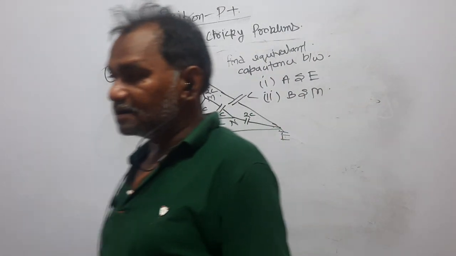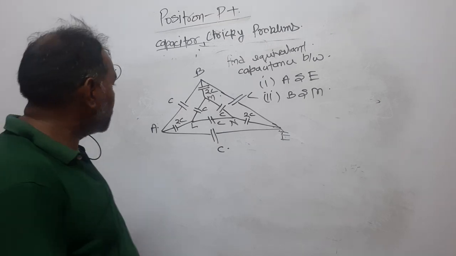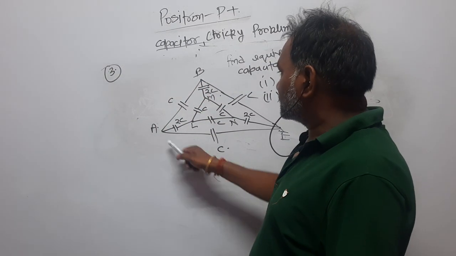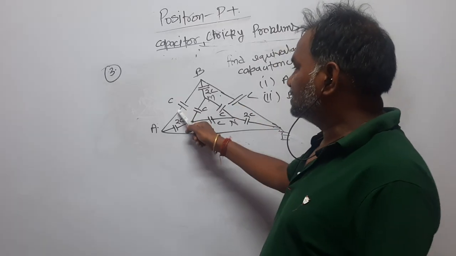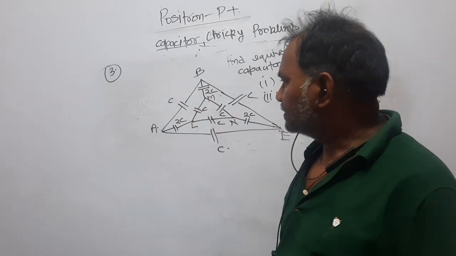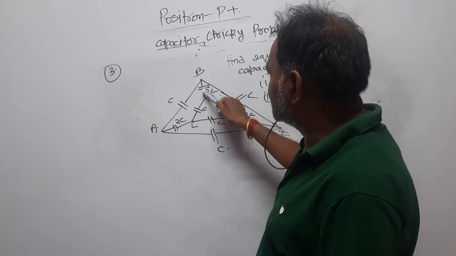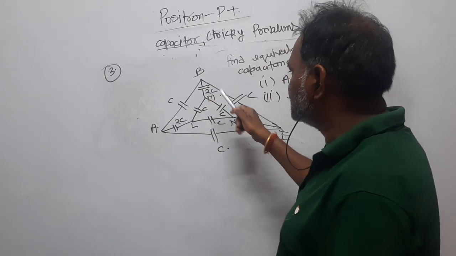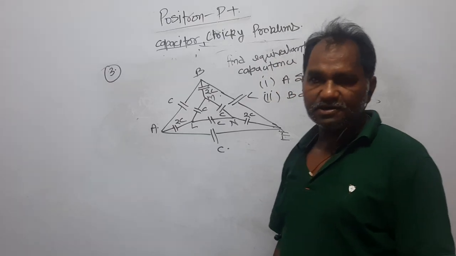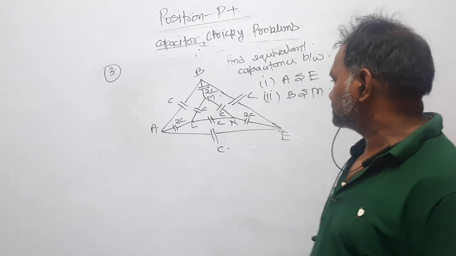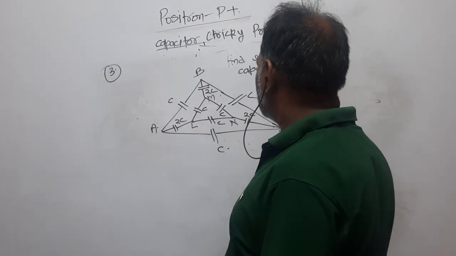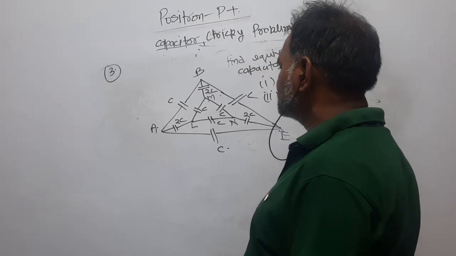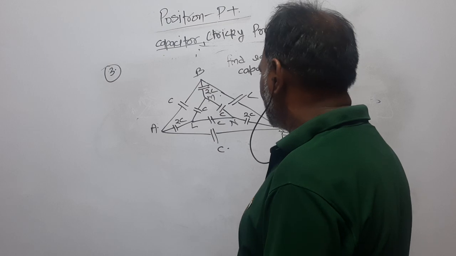In the figure a circuit is shown. These are two triangles, each edge has the capacitor C, and the vertices of these triangles are connected by 2C capacitors. In the first case, we have to find the equivalent capacitance between A and E, and in the second case, between B and M.